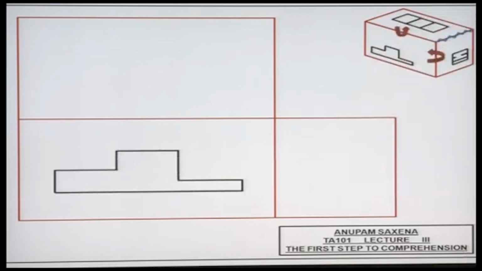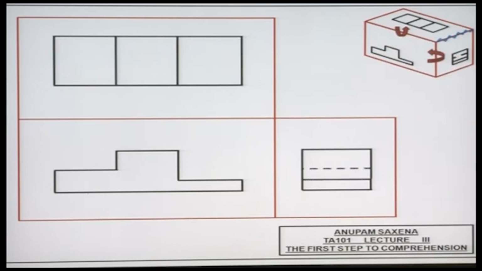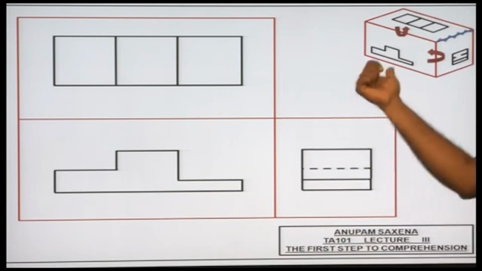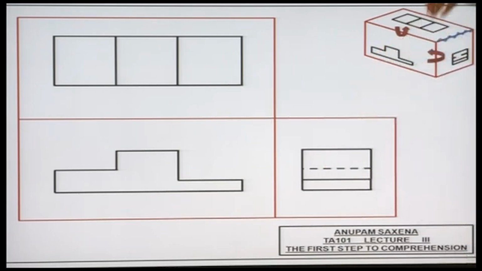All right, so we'll see this part over here, these 3 loops over there, and this part over here. So this is the front view if you are viewing the object from this side, the top view if you are viewing the object from the top, and the right hand side view if you are viewing the object from this direction. Okay.